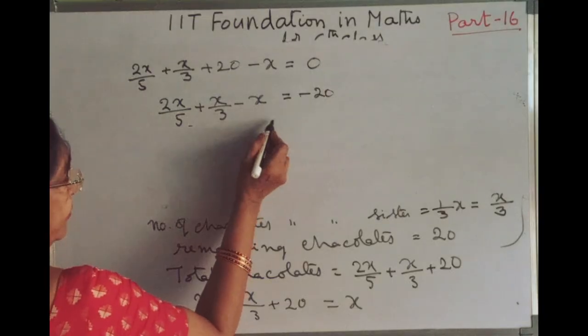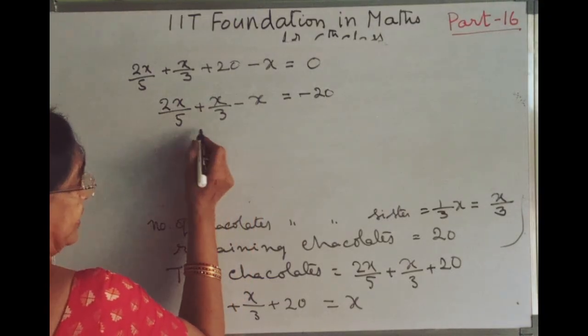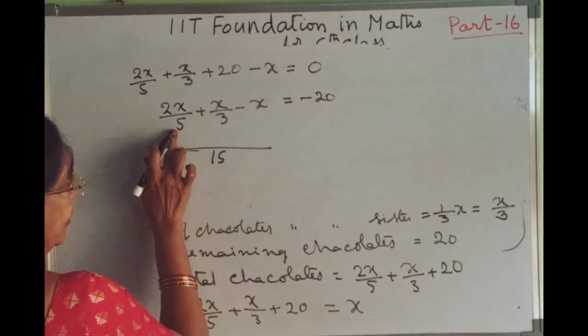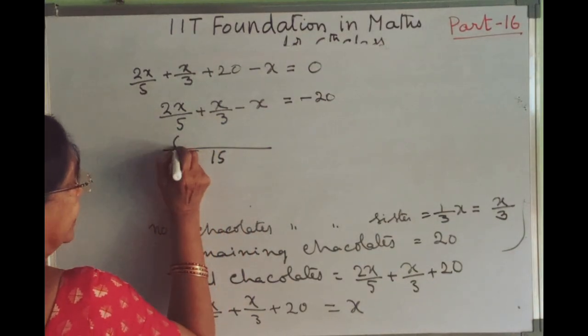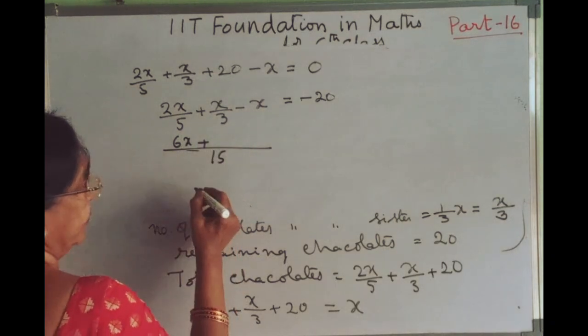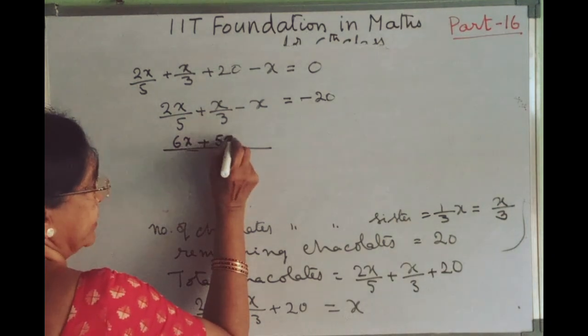If we simplify this, taking LCM, 5 threes is 15. 15 divided by 5, 3. 3 into 2, 6x, plus 15 divided by 3, 5. 5 into x, 5x.